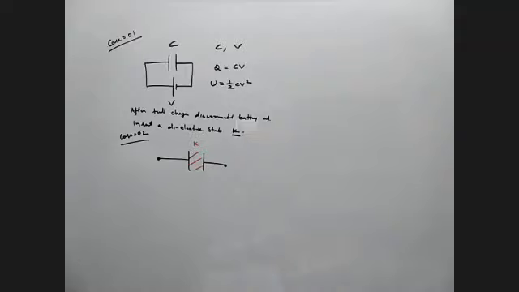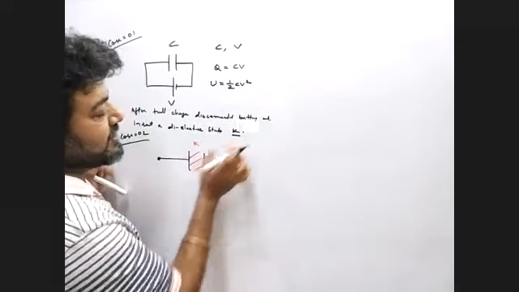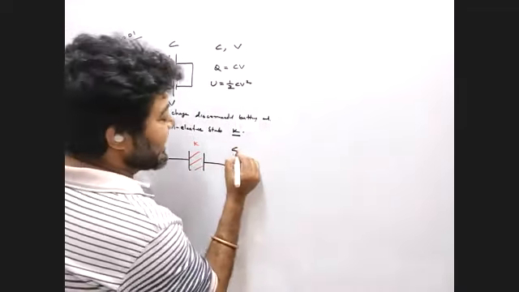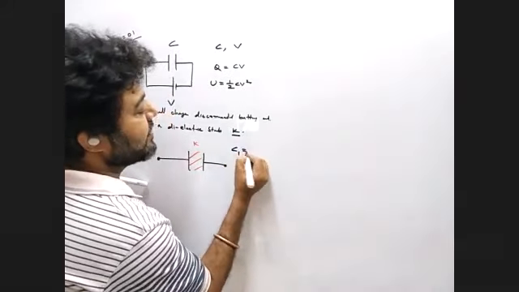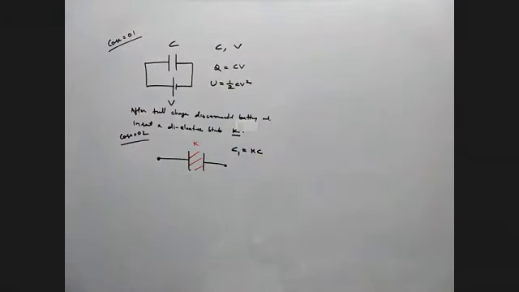Now what changes are there? As we insert the dielectric slab, my capacitance is now K times increased, because we know capacitance depends on the medium, plate area and separation.